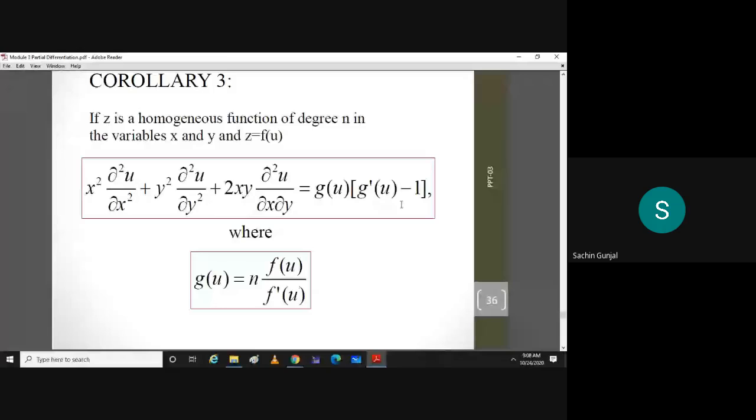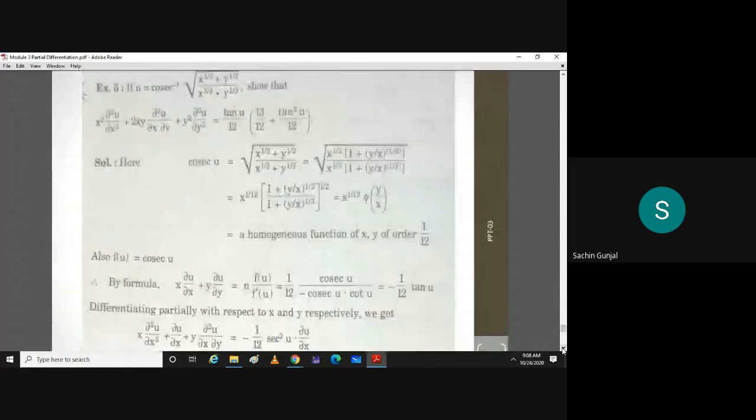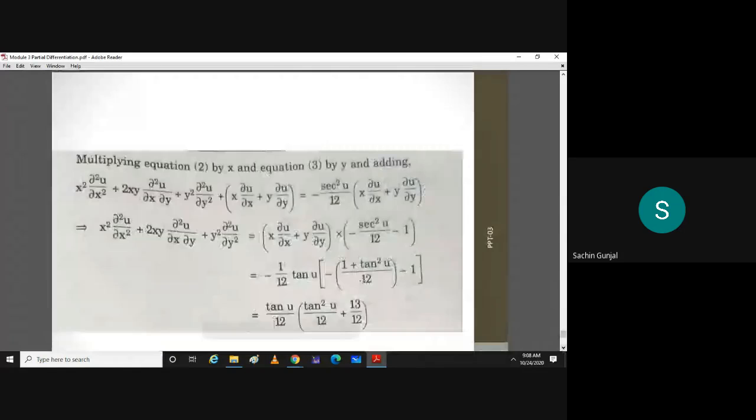Now after that, you write down this second last step and then last step.